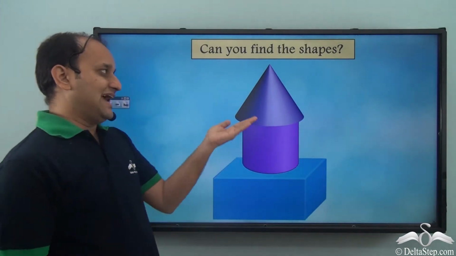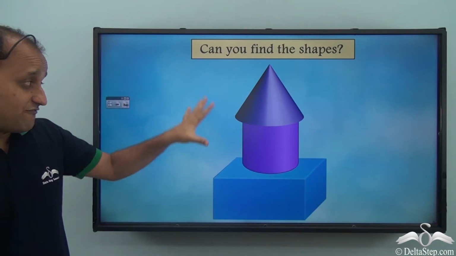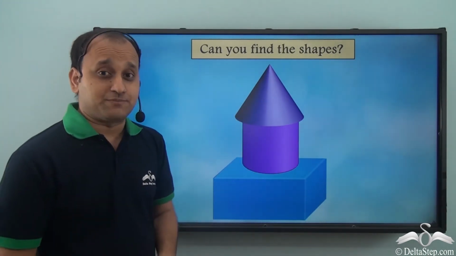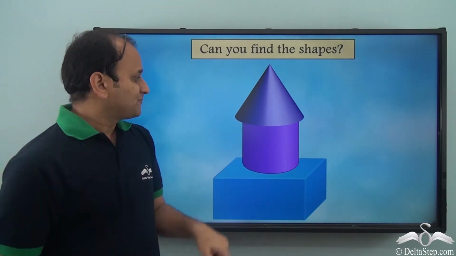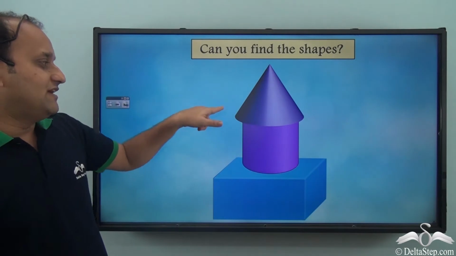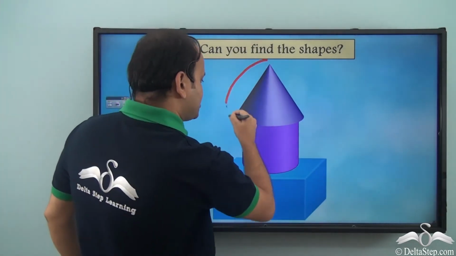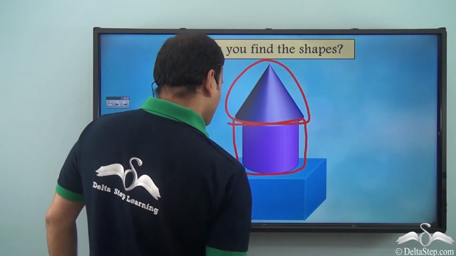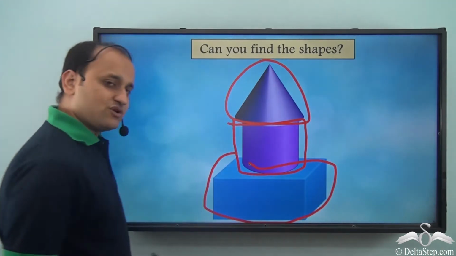Now can you find the shapes in this case? Well, we have a very complex image. Now it has a number of shapes. Can you identify the shapes in this? Well, if you see, we have this part here which looks like a separate shape, then this part here which looks like one more shape, and then the base here is also a shape.